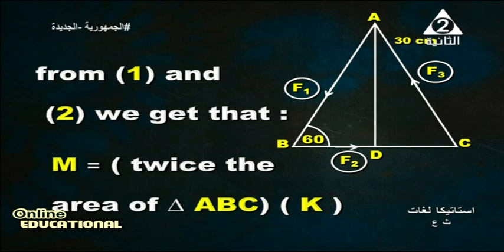My dear student, we know that this triangle ABC has length 30 centimeter. What is the area? Half times 30 times 30 times sine 60, multiplied by 2, multiplied by K, to calculate the moment of the couple.